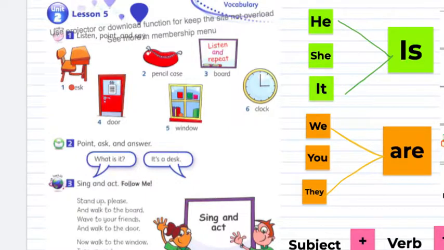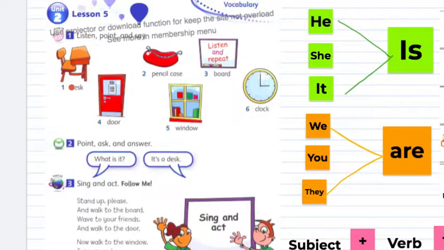We are going to talk about how to make a simple sentence and how we can change the simple sentence into a question. No nada más vamos a hablar de los objetos de la escuela, sino también vamos a hablar en cómo hacer una oración simple y cómo pasarla a pregunta, ¿vale?